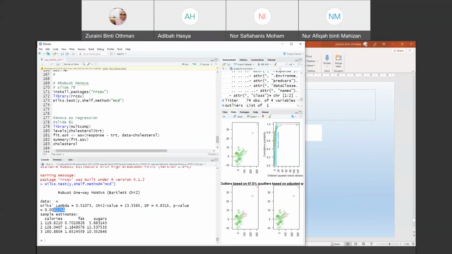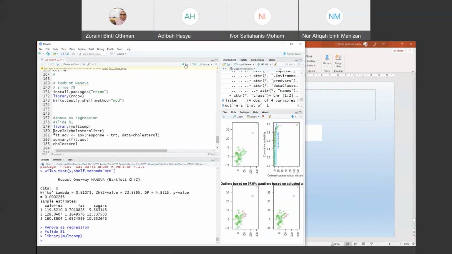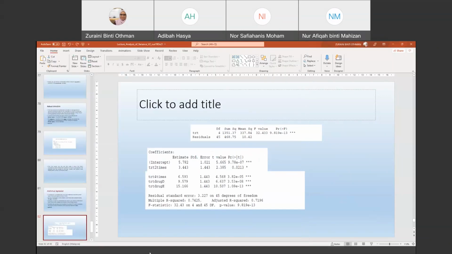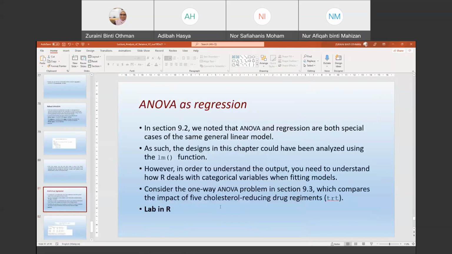Okay, now we will use the multi comparison by using the cholesterol dengan apa tadi yang TRT tu? Apa yang tadi? Okay, drug regimen.